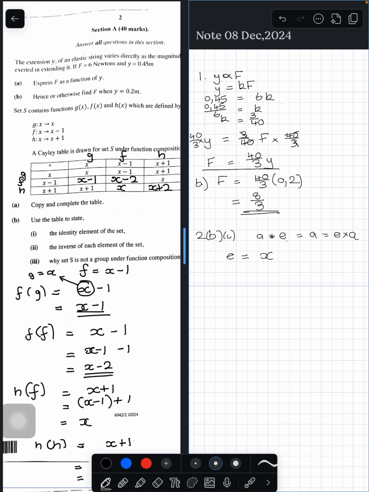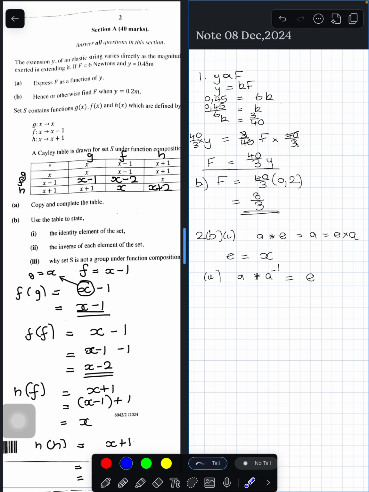Then the inverse element of each set follows this law. Item 2 says A star A to the power minus 1 is equal to E. If you multiply an element with its inverse, you're supposed to get the identity element. So the key here is, we have identified that our identity element is x, so let's go wherever there's an identity element.